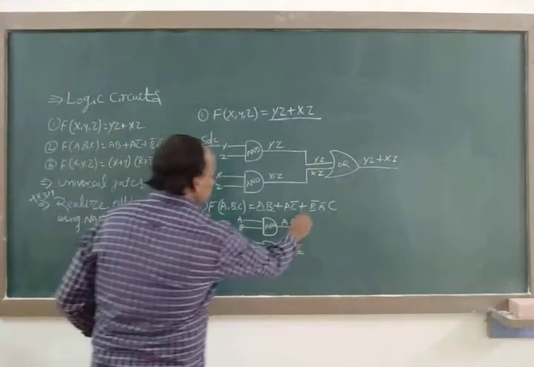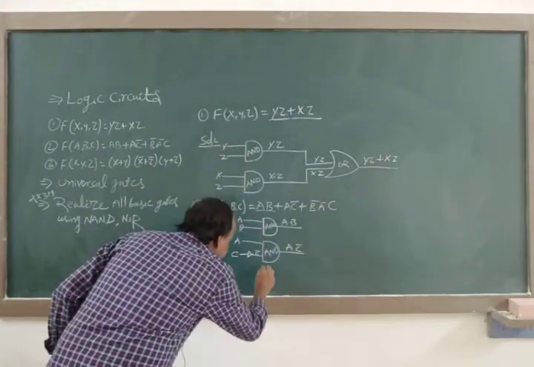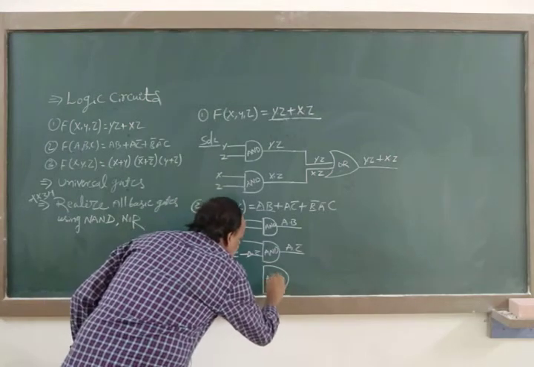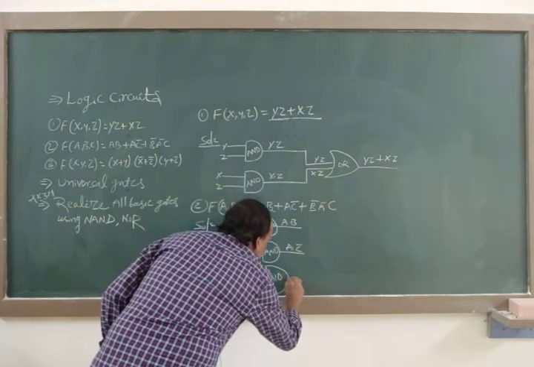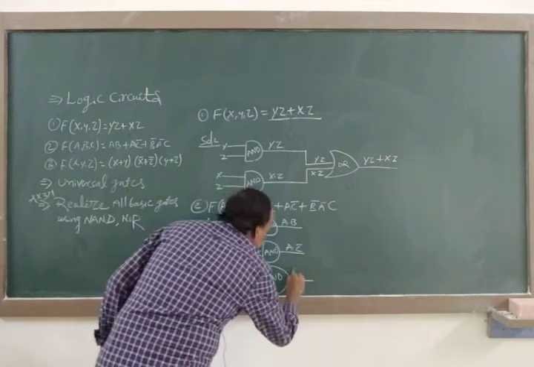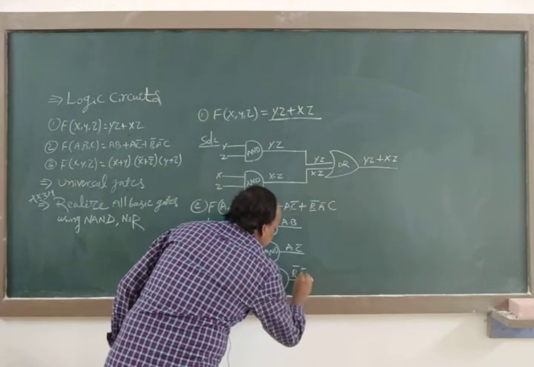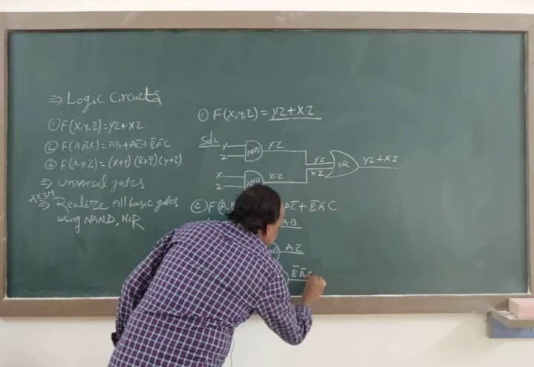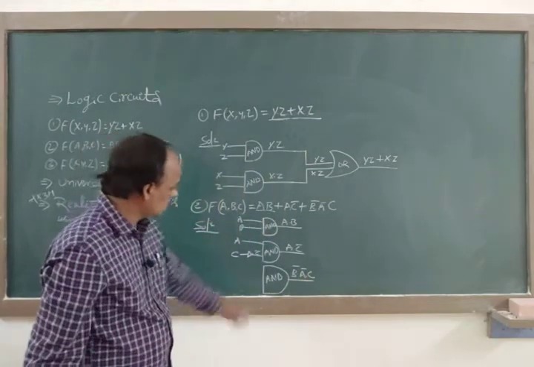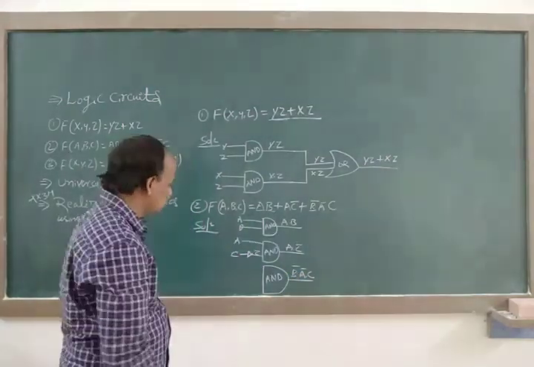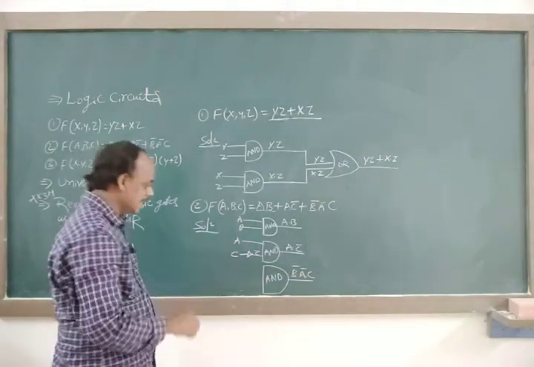Similarly, for the third term also, AND gate, what is the result? A bar into B bar into C is there. Here also for B and A the complement form is there, so don't take B and A directly.